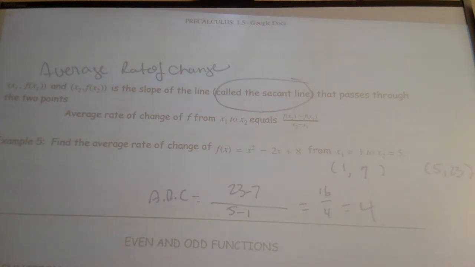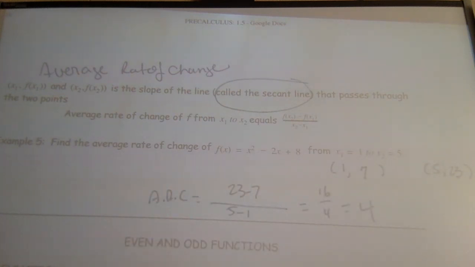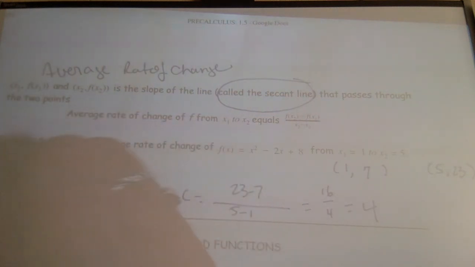Question? Yeah, what do you do? I just found the ordered pair for each of my x values. x1 is 1, x2 is 5. That means I plugged them into the original equation. I found f of 1. I found f of 5. So 1 minus 2 plus 8.